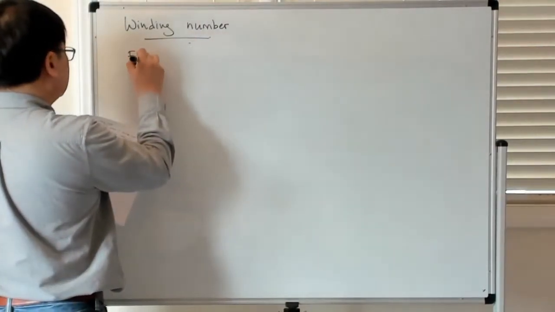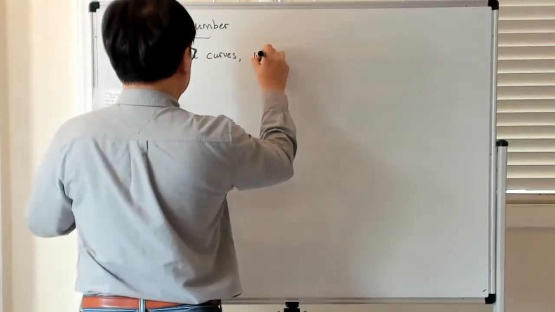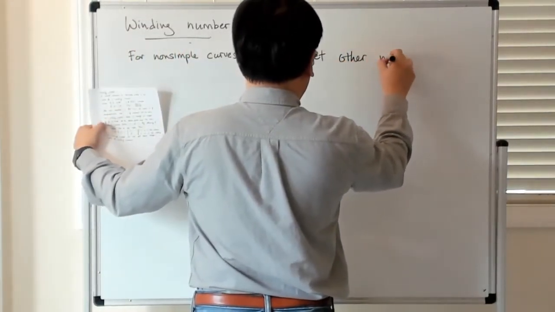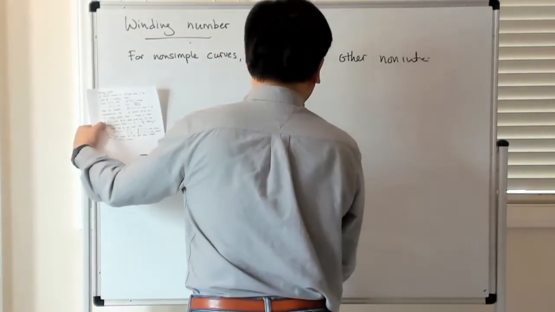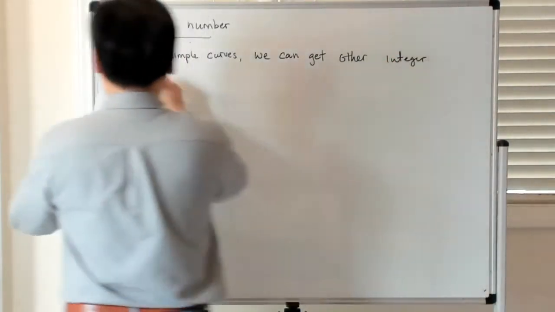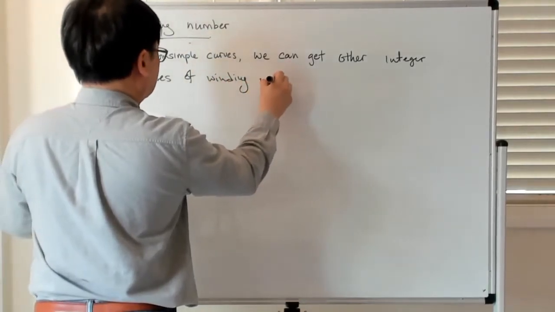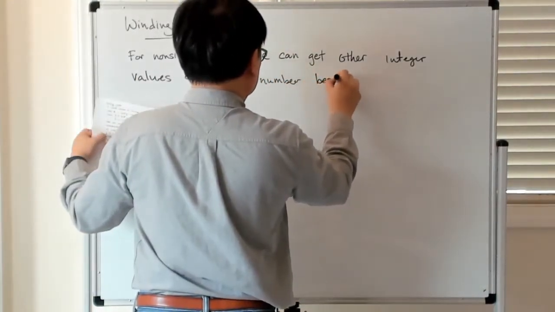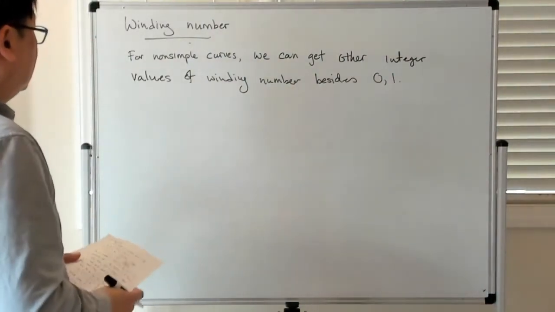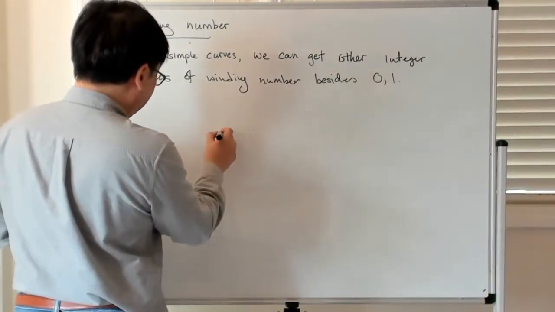So for non-simple curves, we can get other integer values of winding number besides, say, 0 or 1, or ±1 if we haven't gotten rid of that other case having to do with the orientation of S1.